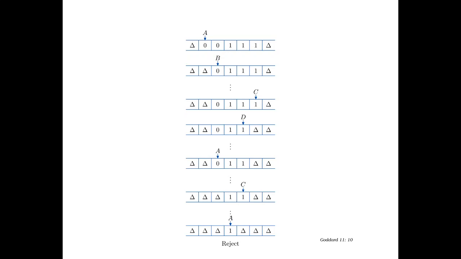Now we move to the state B. 0 has been replaced by delta, and this keeps going till we get to the point in the next position where the state is C, and we're pointing to 1. So we write down our delta and so on. Finally, we realize that we've written a lot of deltas, but we're still left with 1, which means it is a reject.